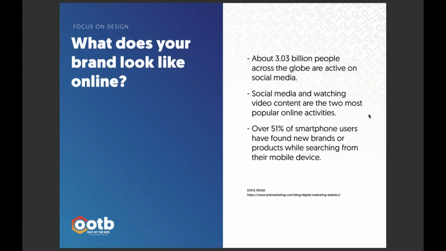And there's a lot of different things we can look at, but I found three main statistics that I think really give a good argument for why this is important to look at. Because your online brand can span across so many different channels that it's really something you're going to want to put some time and effort into.